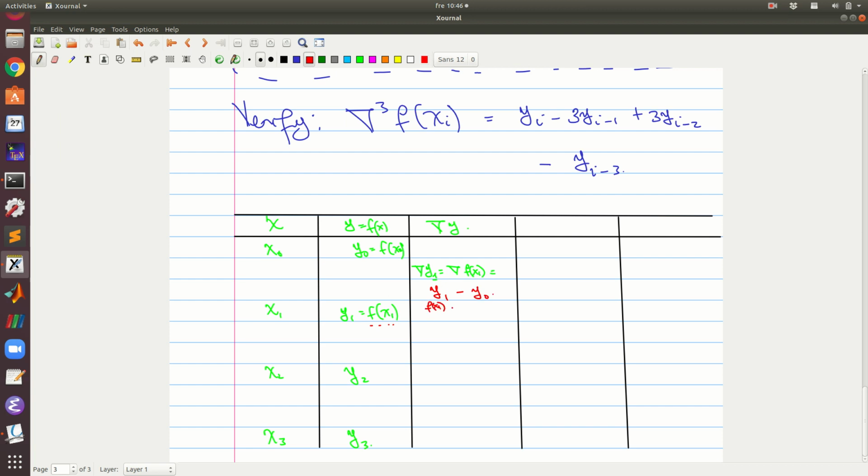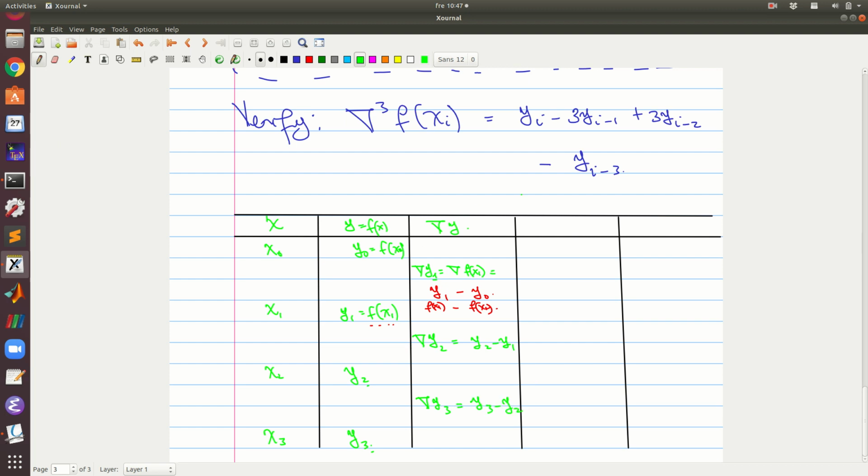In other words, f of x1 minus f of x0. Then we shall have the first backward difference operator at y2, which is simply y2 minus y1, and the first backward difference operator at y3, which is y3 minus y2.